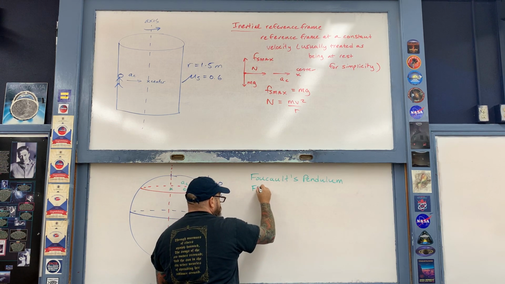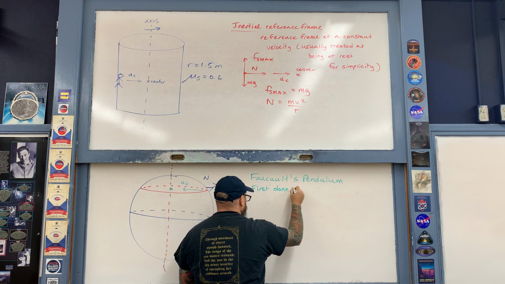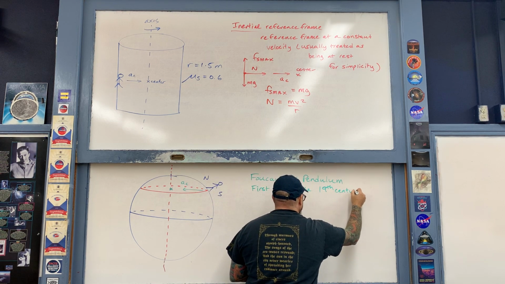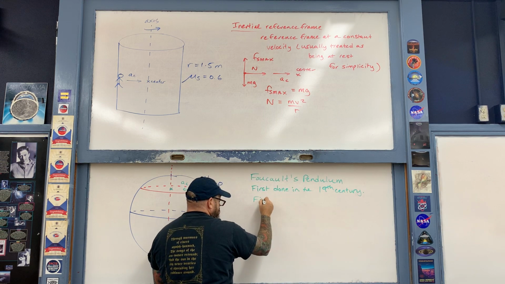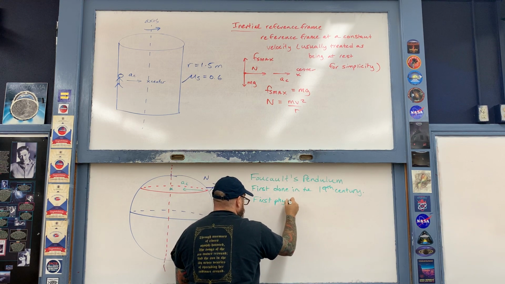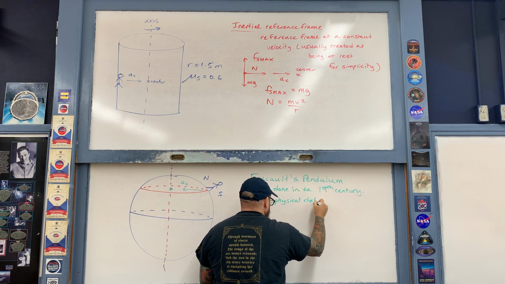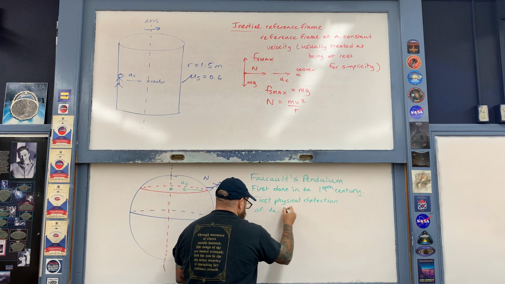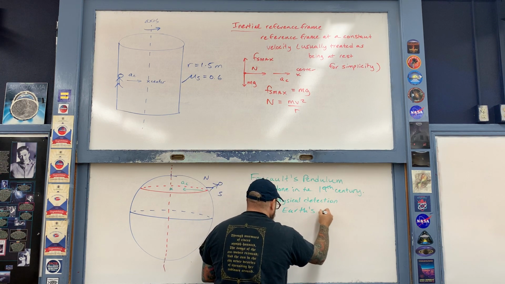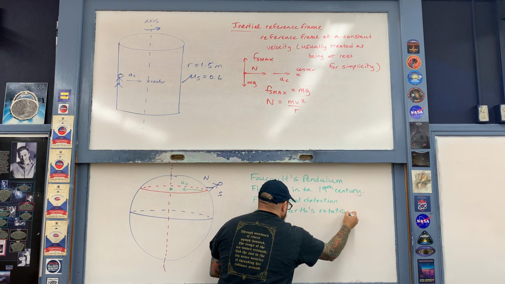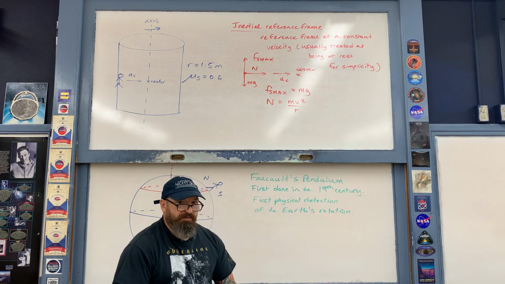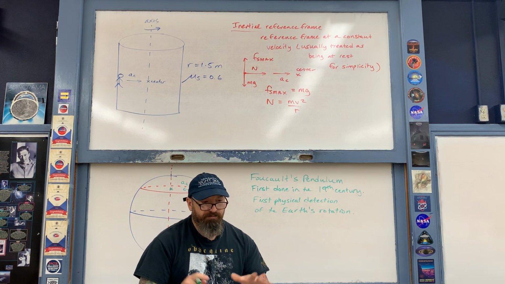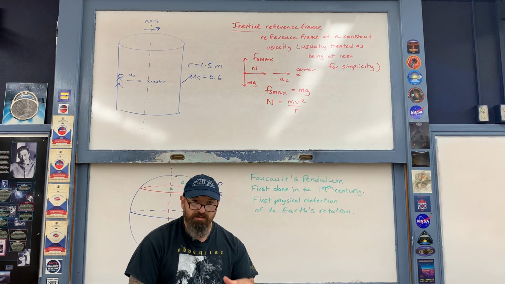It was first done in the 19th century, and it's the first physical detection of the Earth's rotation. In other words, the experiment itself physically detects the fictitious force that's being exerted on the pendulum from the non-inertial reference frame's point of view.